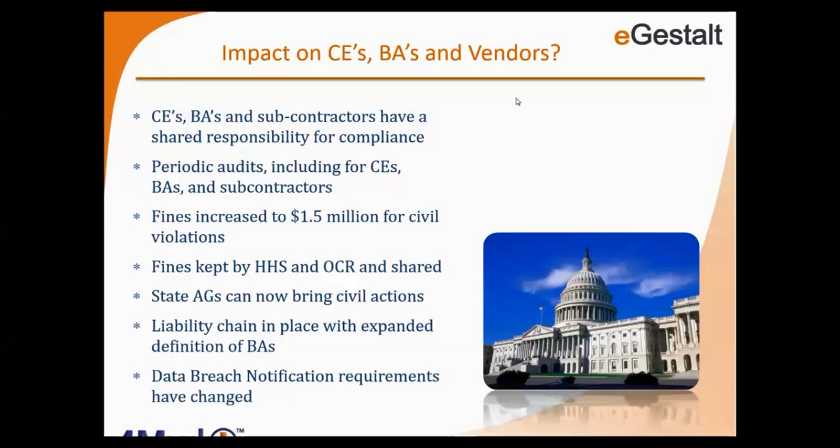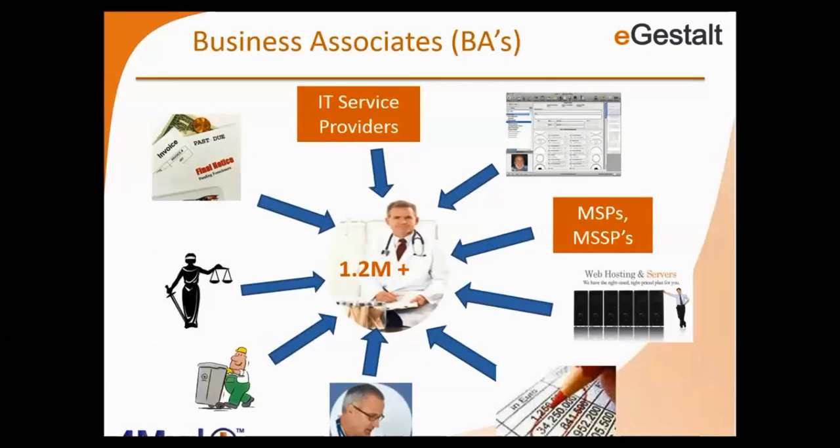Absolutely. So this is what Wendy was talking about earlier. The definition of BA is fairly broad, and anybody and everybody who touches PHI information is considered to be a BA. So an example of a business associate could be accountants, legal folks. It could be hosting providers, IT service providers.